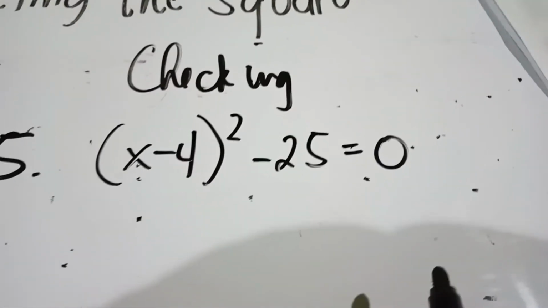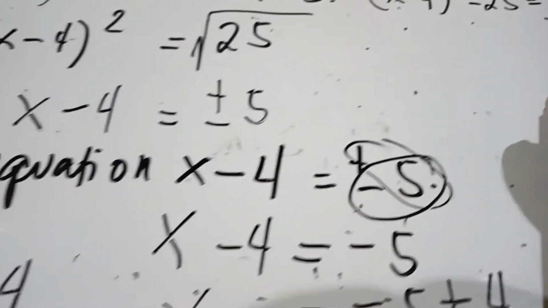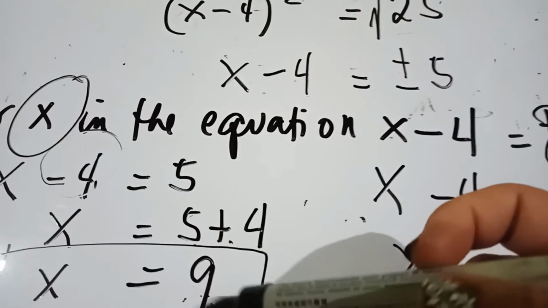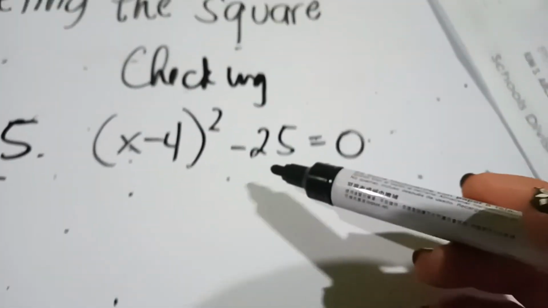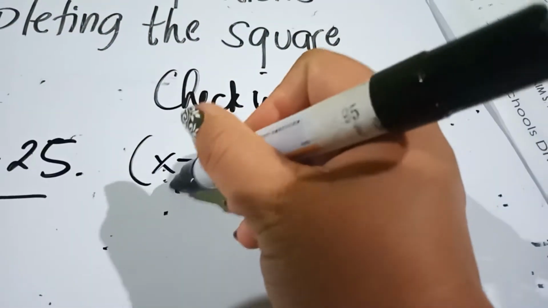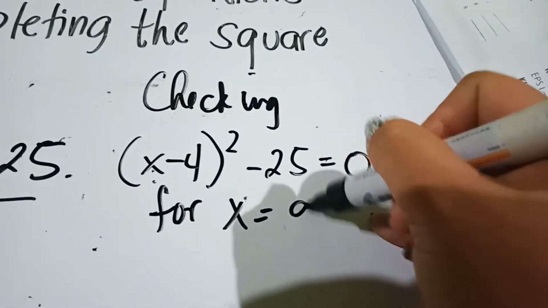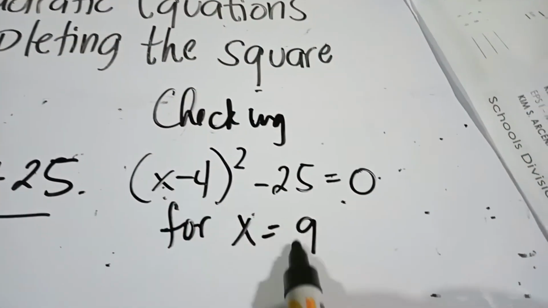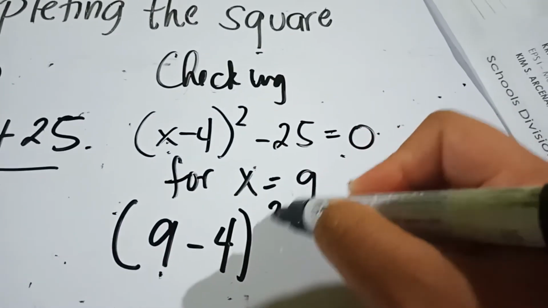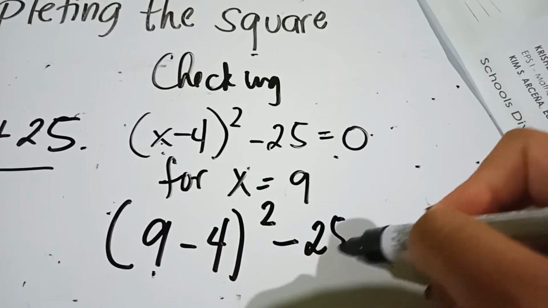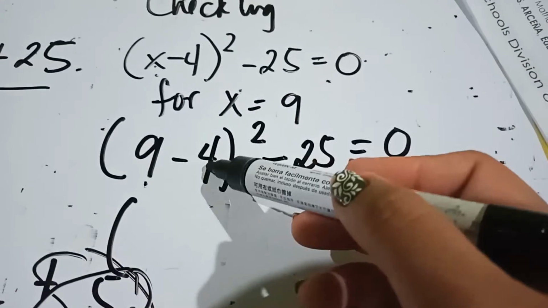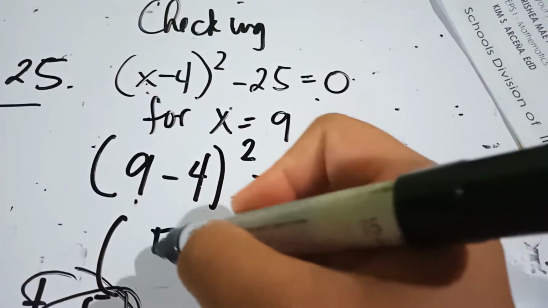Okay, so yung nakuha nating value ni x, ano nga yun? Okay, so first, we have positive 9. So, yung positive 9 na yan, isasubstitute natin sa ating given quadratic equation or sa value ni x. So, we have x is equal to positive 9. So, si x papalitan ng 9, magiging 9 minus 4 squared minus 25 is equal to 0. Okay, so now, 9 minus 4, the answer is 5.